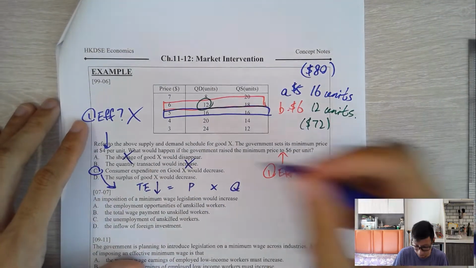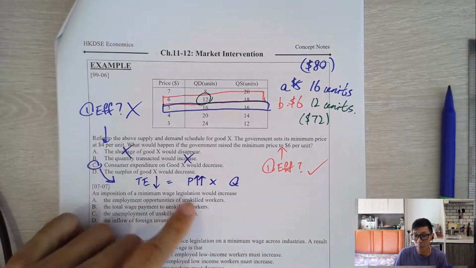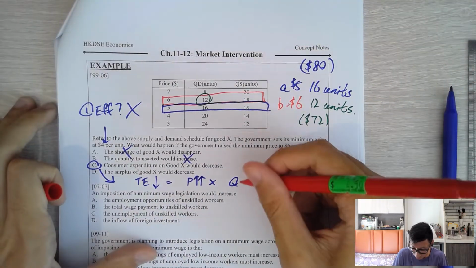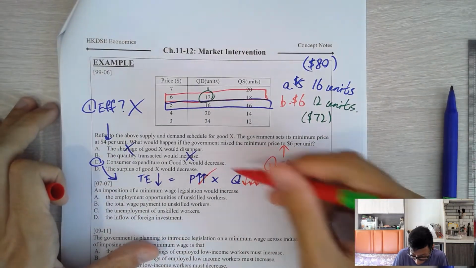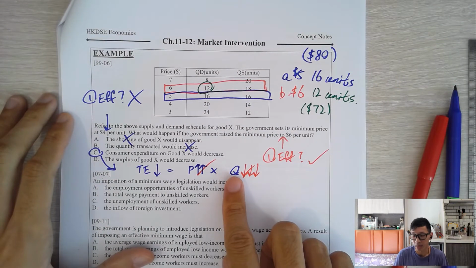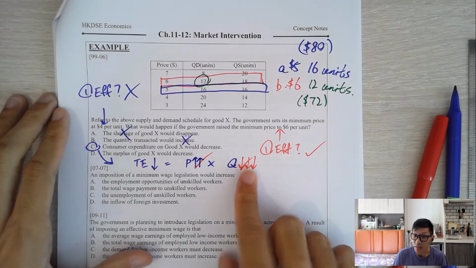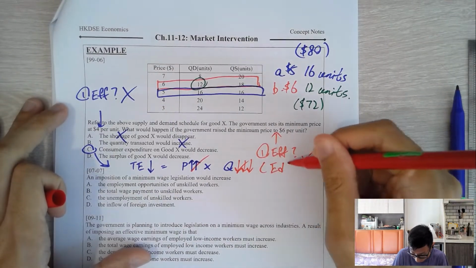While price, we know that it has increased. To balance this equation, we know that definitely quantity needs to drop faster than price. Okay, that means this would be elastic demand.